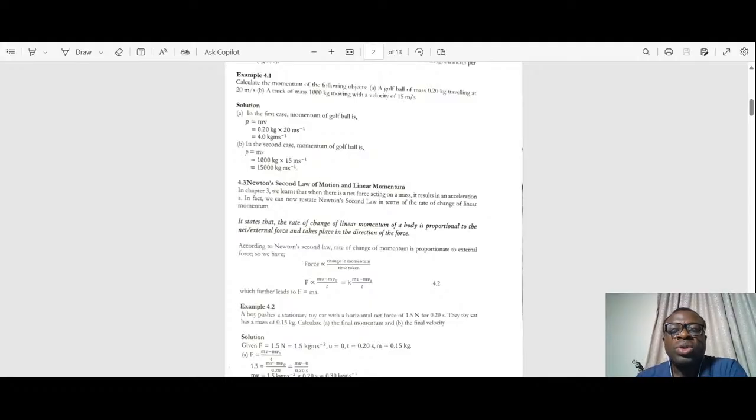You will need to convert the necessary units. These are the things I normally emphasize. So you multiply the mass and the velocity, and the answer is in kilogram meter per second. In your options, for example, the A part is 4 kilogram meter per second. It may be 4 with a different unit, so always take note of the units.